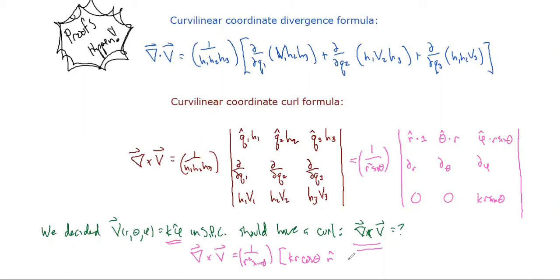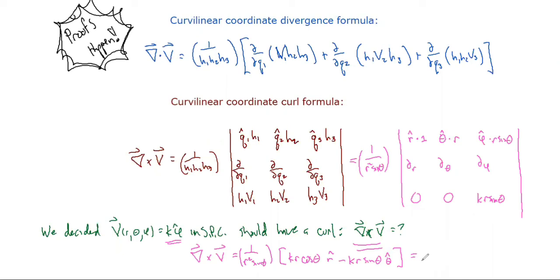And then I should get a minus k r sine theta in the theta hat direction. So we lose an r from the derivative, but then we get it back from the thing multiplying the unit vector.